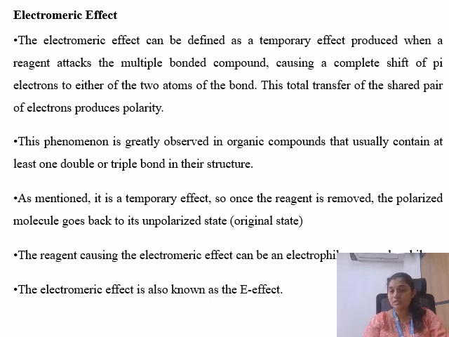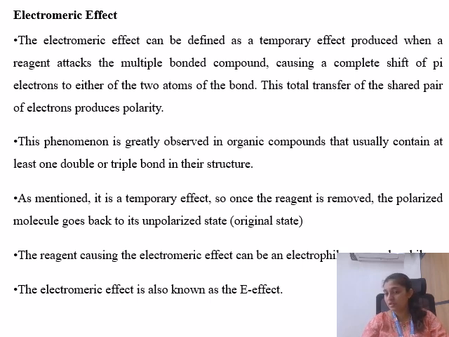If it is not that, the nucleophile cannot attack the reactant, and so you cannot find any chemical reaction. But in the absence of reagent, your original reactant will again come back into its original state. So that's why we are calling it a temporary effect. When the reagent is present, you can find the electromeric effect.